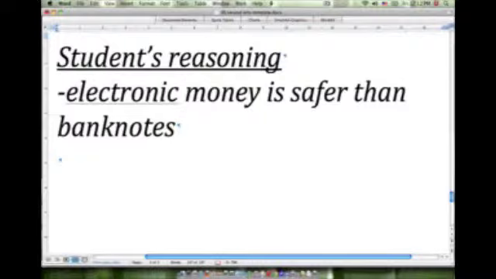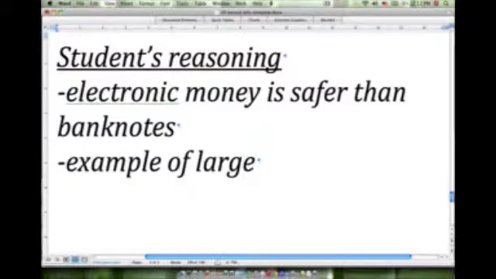Now, the second thing that the student does in this paragraph is they give us an example to show how electronic money is actually safer than banknotes. And the example they give us is the Emirati dirham, which is available in large denominations.